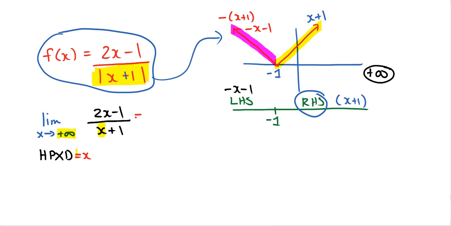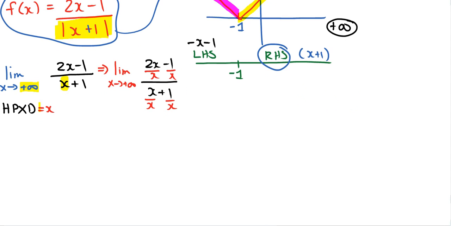So to simplify this problem, this would be the limit as x goes to positive infinity, and you would take every single term in your expression and divide by x. If you simplify this, you will get the limit as x goes to positive infinity of 2 minus 1 over x, over 1 plus 1 over x.